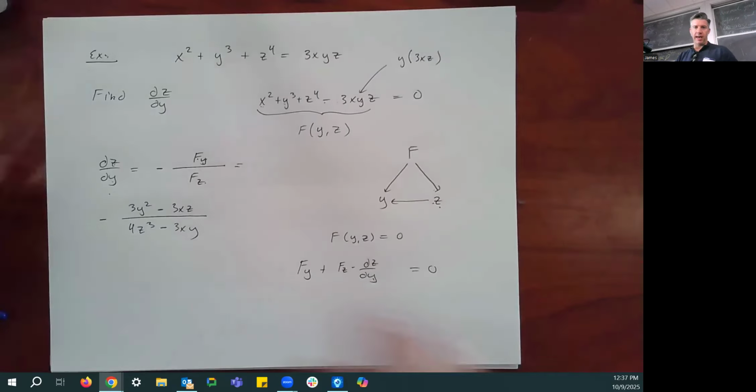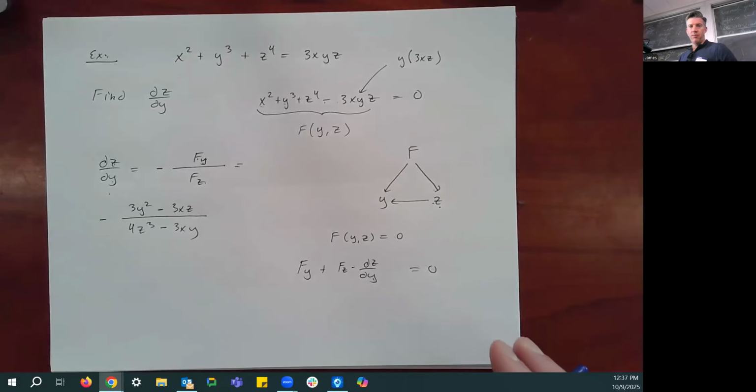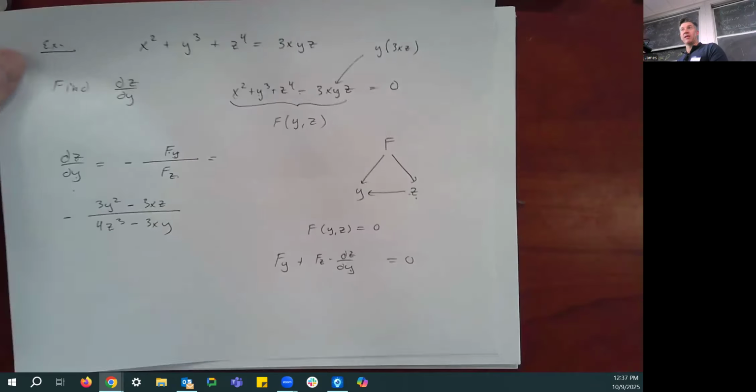Let's go ahead and look at directional derivatives, but we're going to start with a few things we need for directional derivatives. We've already very limitedly talked about directional derivatives. We've talked about the derivative with respect to x, which is the directional derivative in the x direction, and the derivative with respect to y, which is the directional derivative in the y direction.